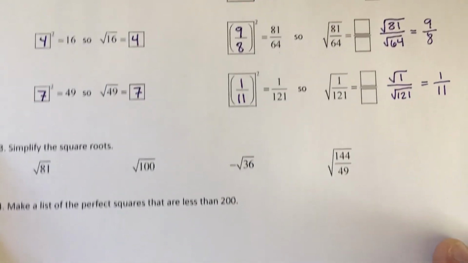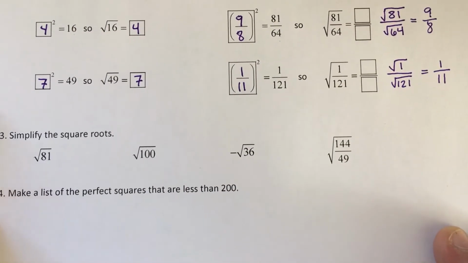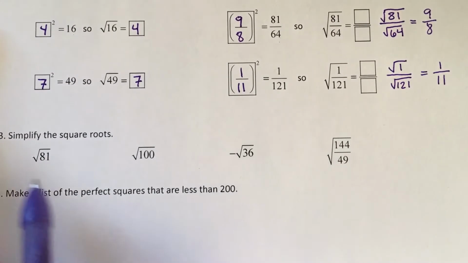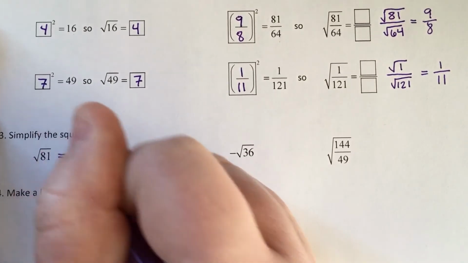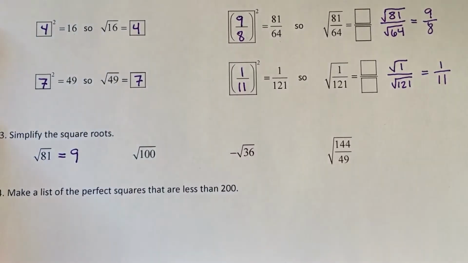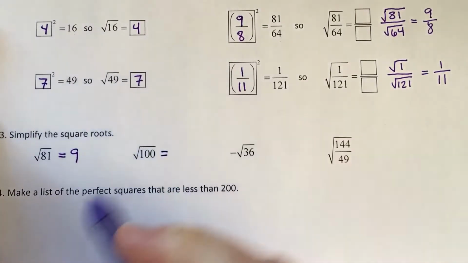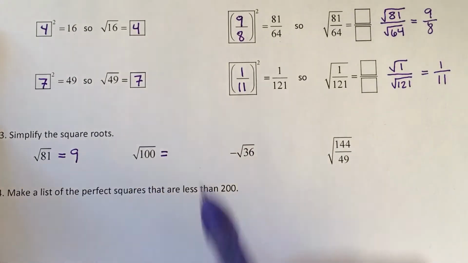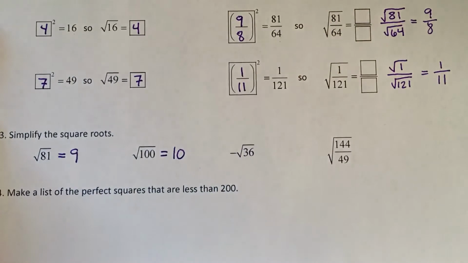Let's try some more examples just to make sure we're okay with this, and then we'll see what the next page has for us. So square root of 81 is just 9, and that's because 9 times 9 is 81. If I'm looking for what number times itself is 100, that's 10.